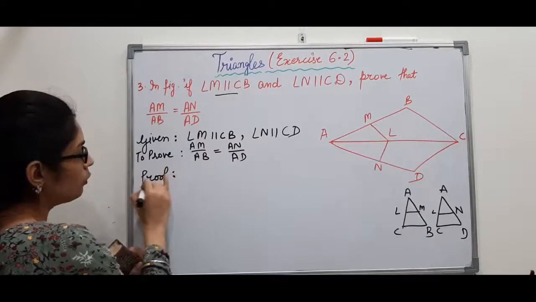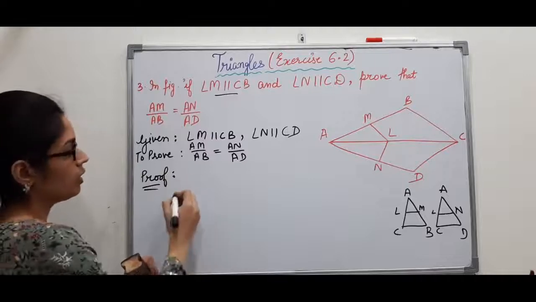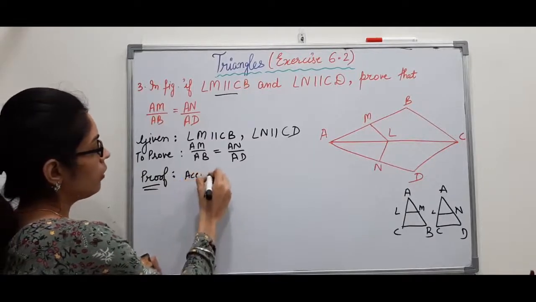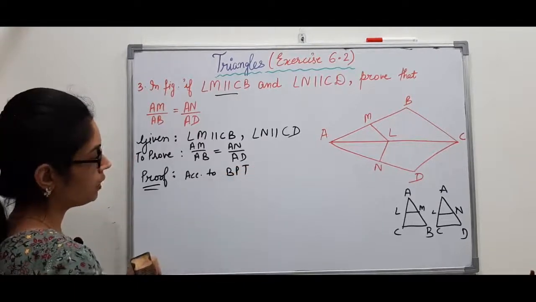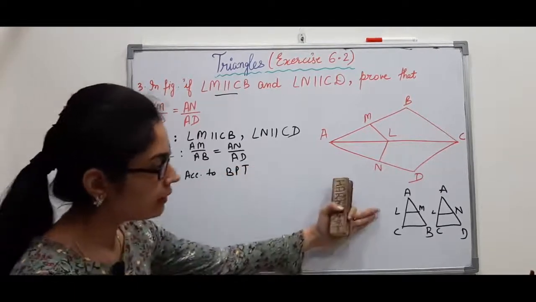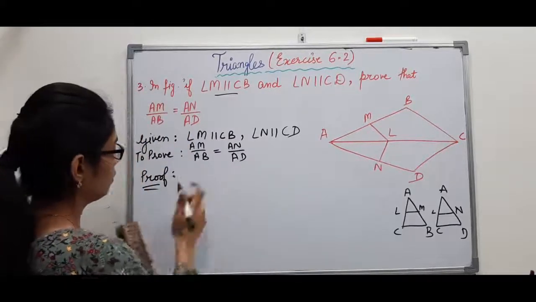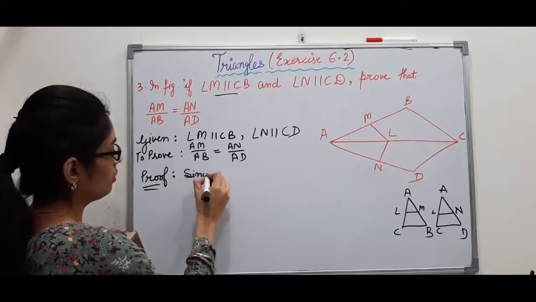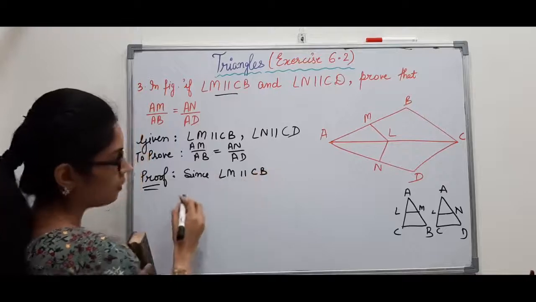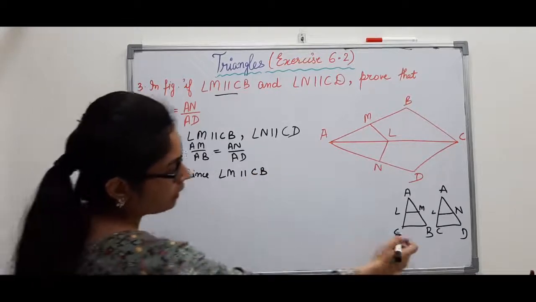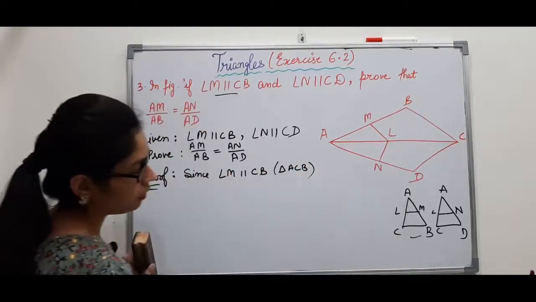Then we'll start with the proof. If you are doing any construction, then the construction part also you can write. So the proof we can write. According to the basic proportionality theorem, directly we can use the result in this triangle ACB or ABC, same thing.